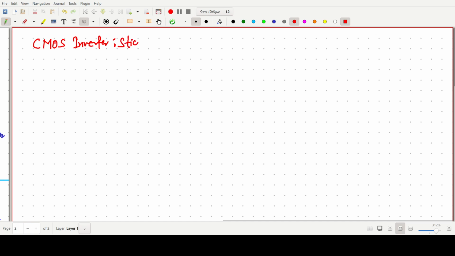It is a very simple stick diagram. The very first thing, to draw the stick diagram, we have to first know the structure, how to draw the simple CMOS inverter structure. So first I am making the CMOS inverter. We require one PMOS.